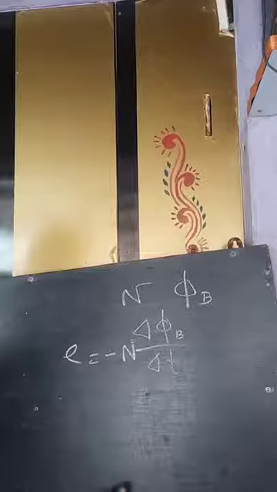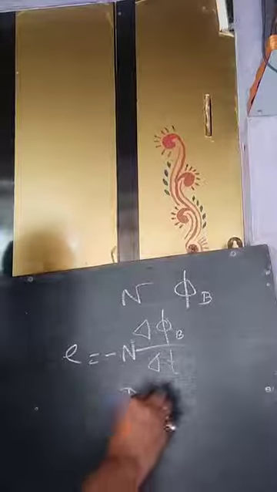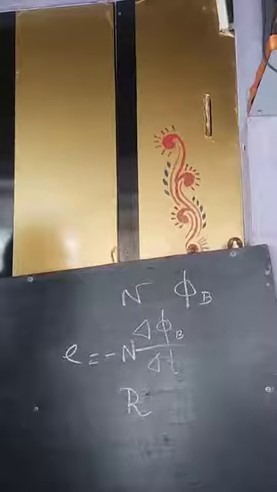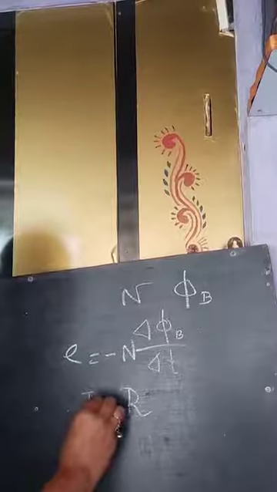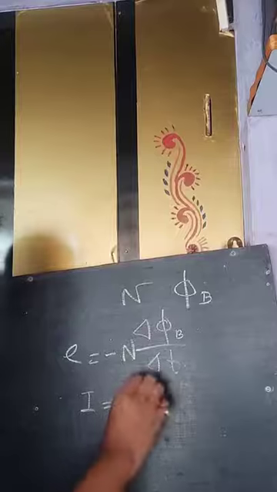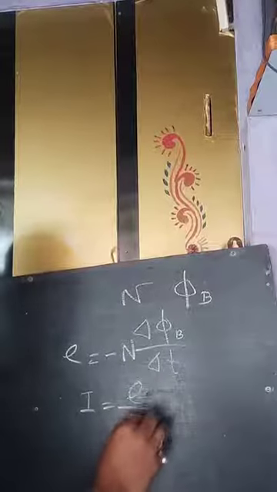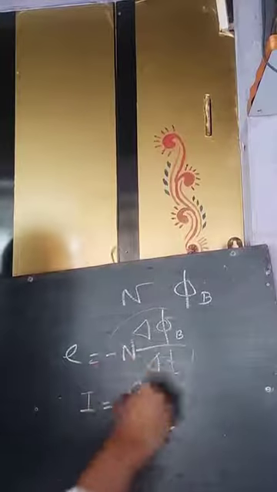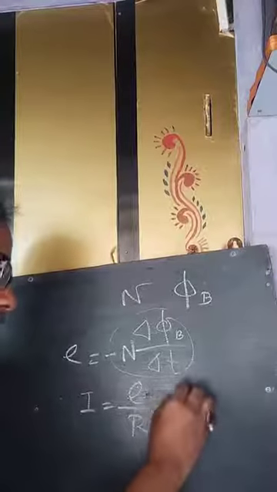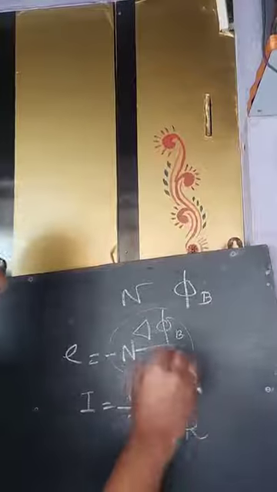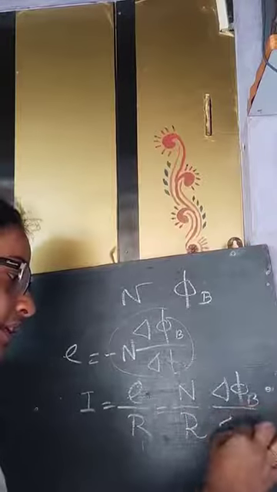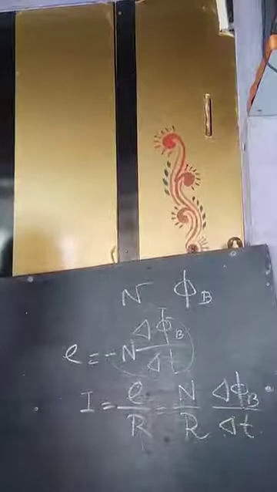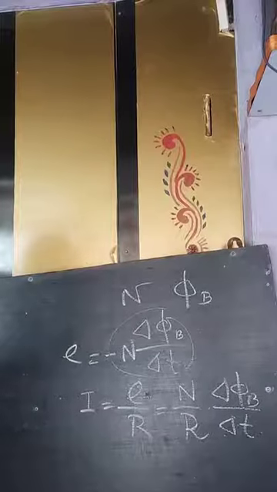Now, if the coil is closed and the total resistance of the circuit is R, then the induced current, according to Ohm's law, is I equal to E by R. So if we put the value of E here, we get I equal to N by R times d phi B by dt. Clear?